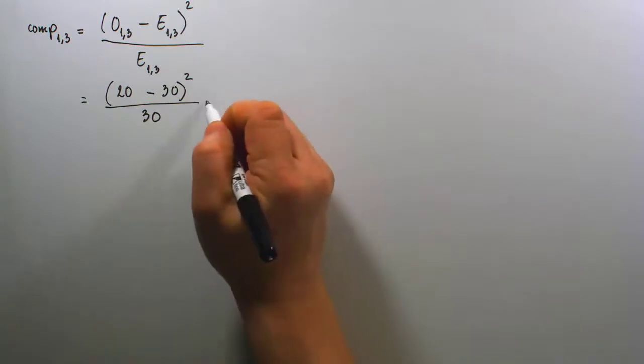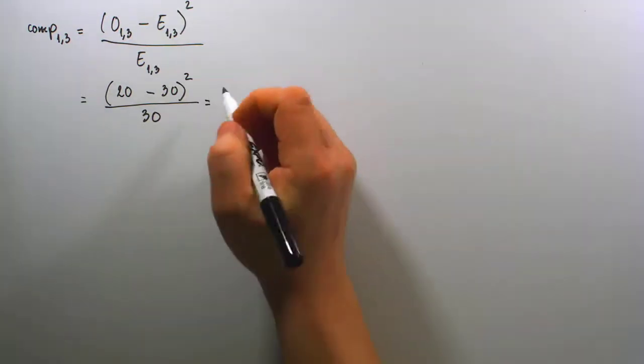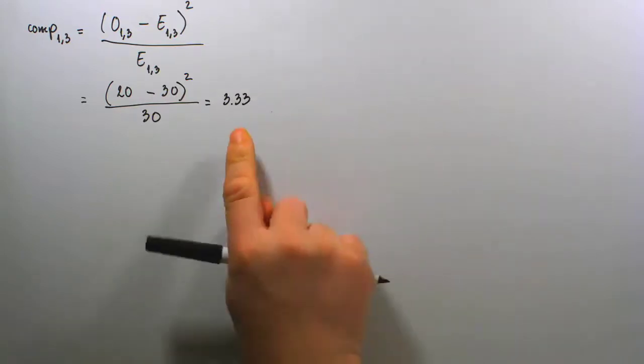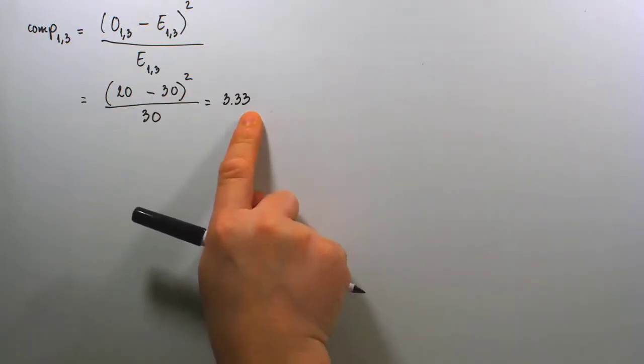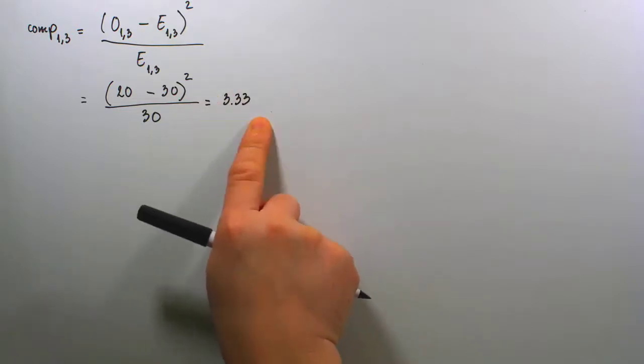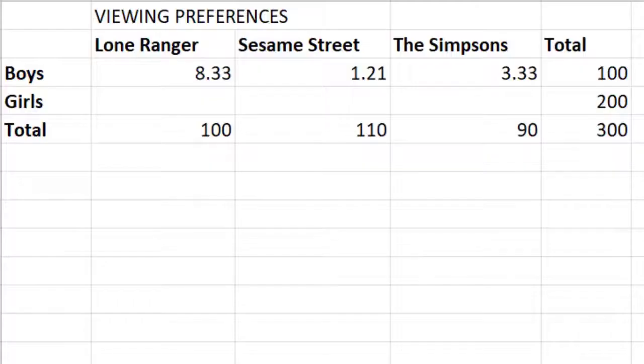My final calculation shows 3.33. So it should have been a lot longer, but as I have already explained, I am going to round all of my component values to 2 decimal places, unless being specified otherwise. And so now 3.33 is going to be entered in our empty table here for row 1, column 3 entry.